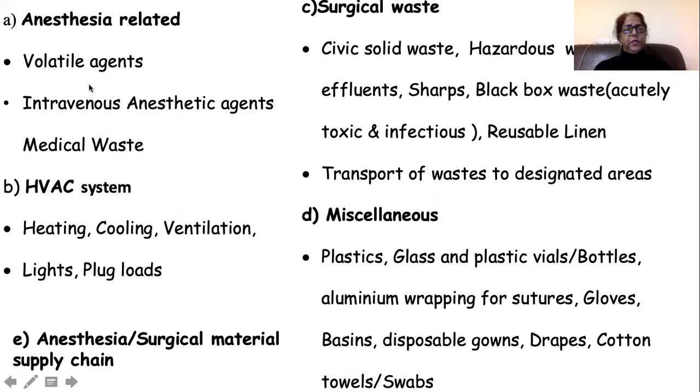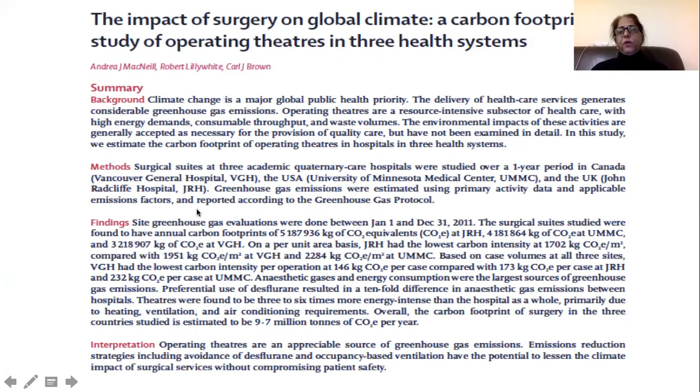They are volatile agents used, then intravenous anesthetic agents, then medical waste, HVAC system, anesthesia-related and surgery-related material supply chain, then civic solid waste, hazardous waste, liquid effluents, sharps, black box waste, reusable linens, then transport of waste to the designated area for incineration or disposal, and miscellaneous are plastics, glasses, bottles, aluminum wrapping for sutures, gloves, basins, disposable gowns, drapes, and swabs.